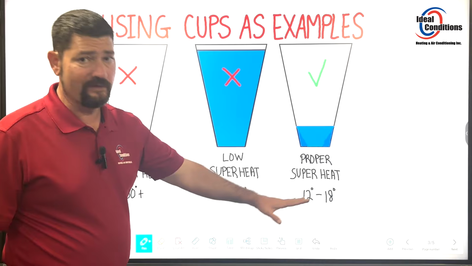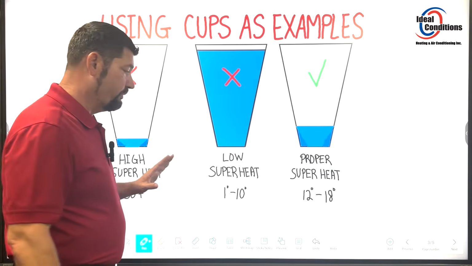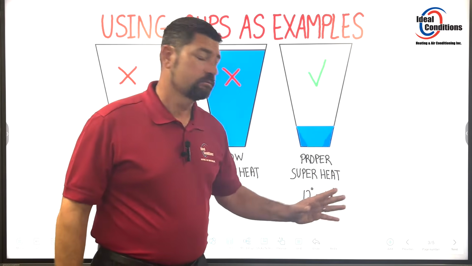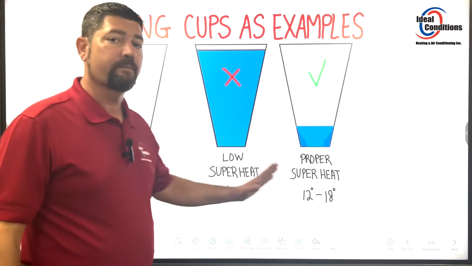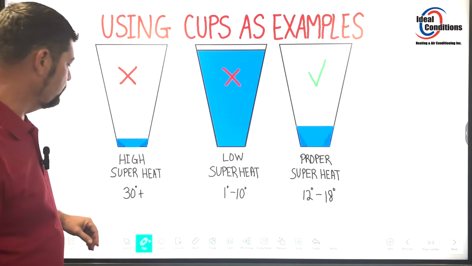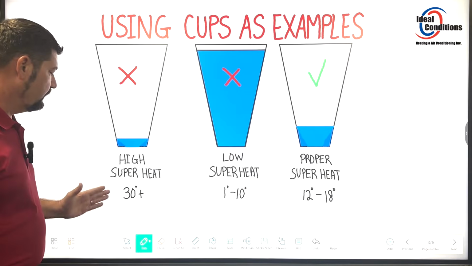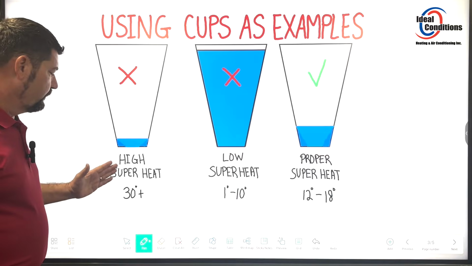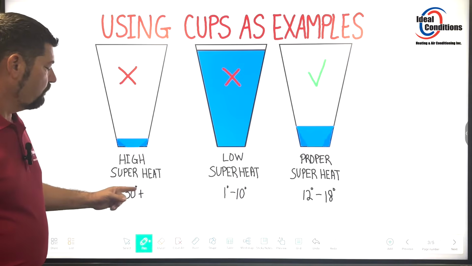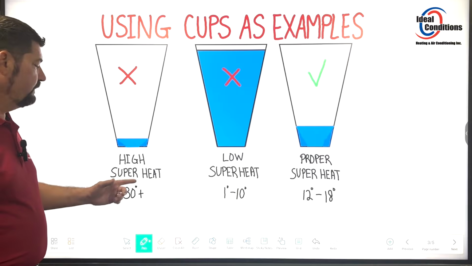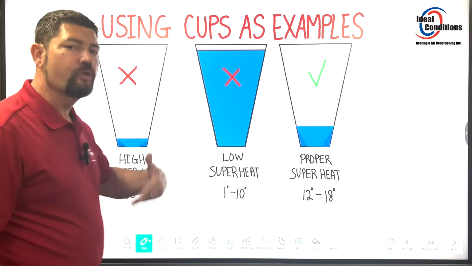You can use this on your calls, and I promise you, you're going to come out on top. This is about 99% accurate in almost every case. So if I had 30 degrees or more superheat, that's a high superheat. That's too high.